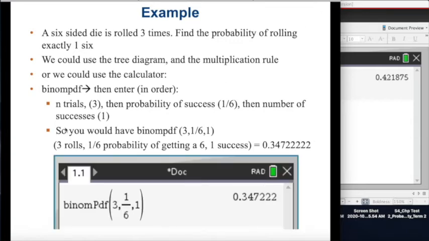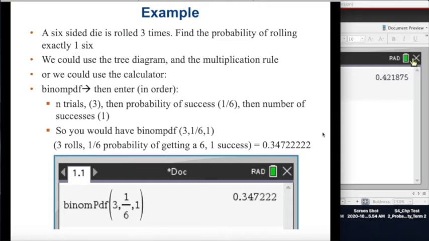Number of trials given is 3 times. The probability of success, the random variable, is the probability of getting a 6, and that's just equal to 1 over 6. And the number of successes that the question wants is 1, just one 6.